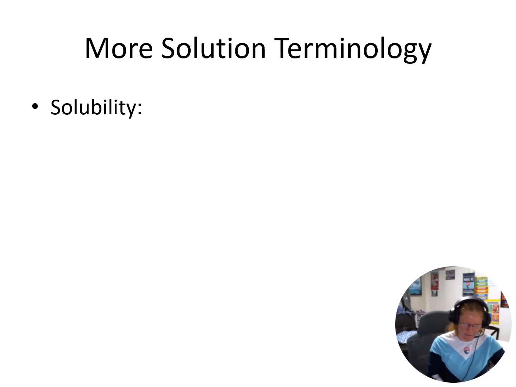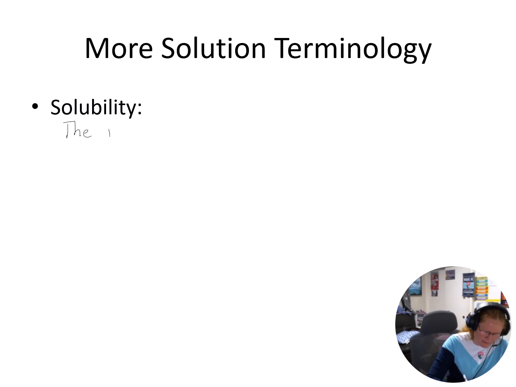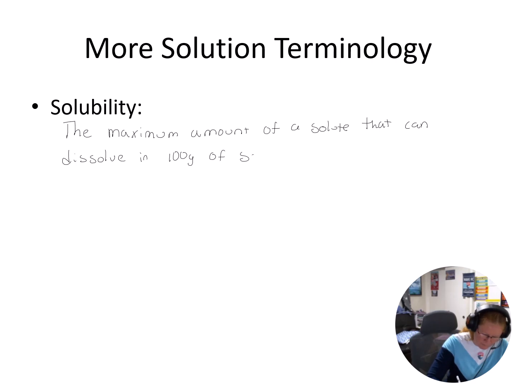All right, so solubility. What is solubility? It is the maximum amount of a solute that can dissolve in 100 grams of solvent at a given temperature.